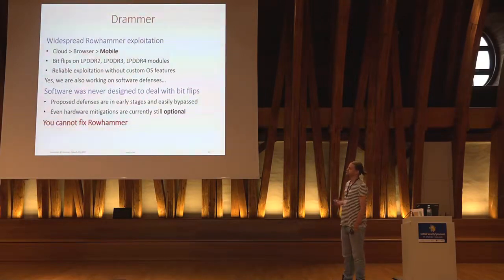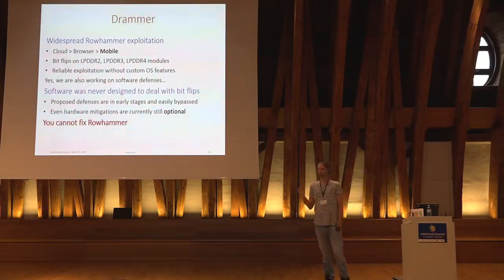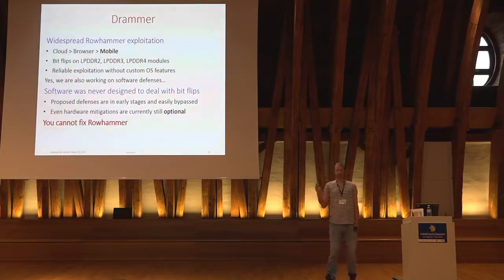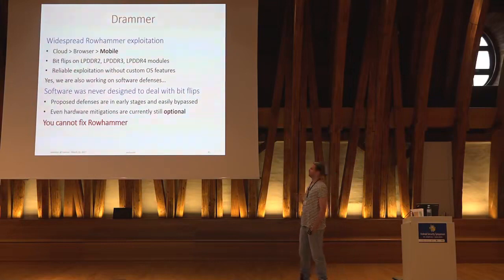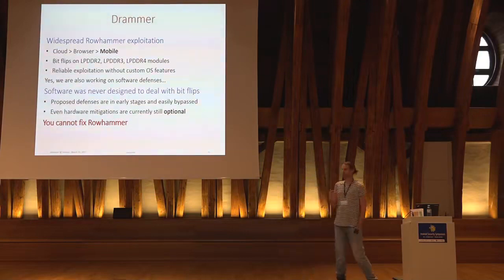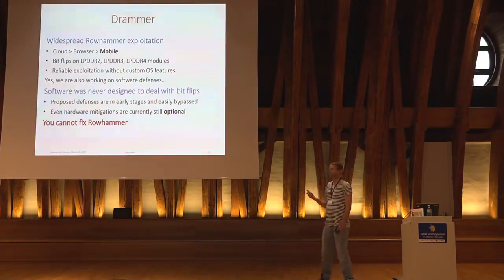And basically, I think you cannot really fix Rowhammer. If you have a software bug, you can update the software, have a patch out, and then your software is fine again. But with Rowhammer, you cannot open your phone, disassemble the DRAM chip, fix it, put it back in, and then have a working phone again. So it's a very hard problem to fix.